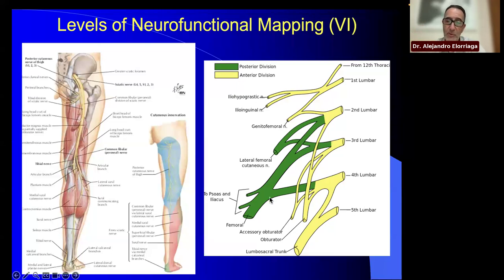So in this case, the femoral nerve, as the leg is like an arm that has been twisted, the thigh really is posterior, and the hamstring area is anterior, or is innervated by anterior divisions.